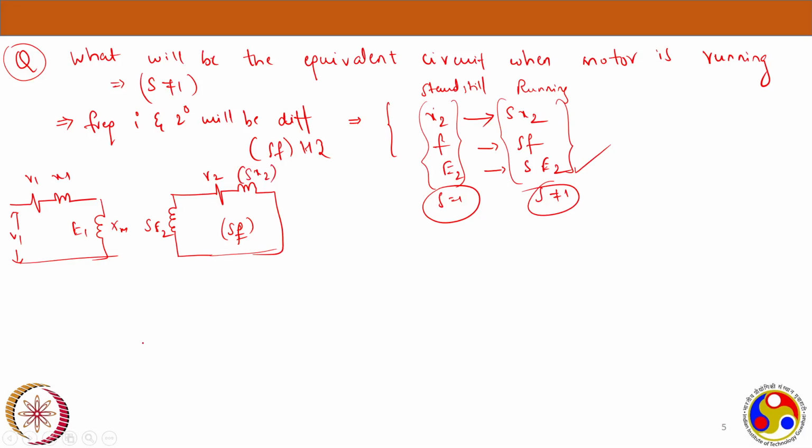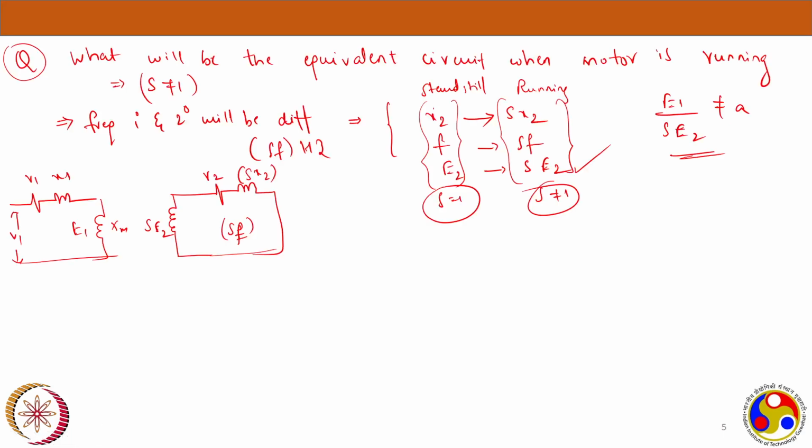Now we can't just connect these two here because primary and secondary are not at the same frequency, and if you see E1 by E2, which is SE2 now, this is not equal to a anymore because slip is coming into the picture here. Now you just can't simply connect primary and secondary by multiplying with the a square turns ratio terms. That's not going to happen.